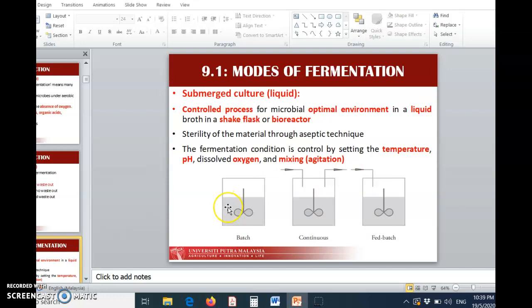So there will be no contamination, and the product that we produce is the one that we desire. The fermentation condition is controlled by setting the temperature to get the optimal products, pH, dissolved oxygen, and mixing. Agitation or mixing can be done using a stirrer attached to the motor. I think we already took a look at the fermentation tank during our last visit to the biotechnology faculty before MCO.